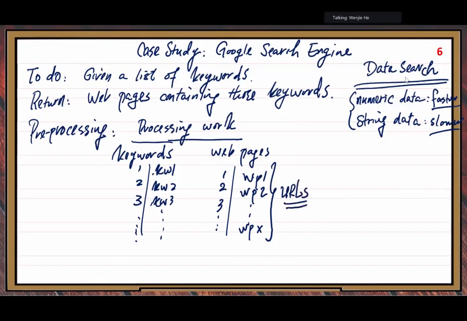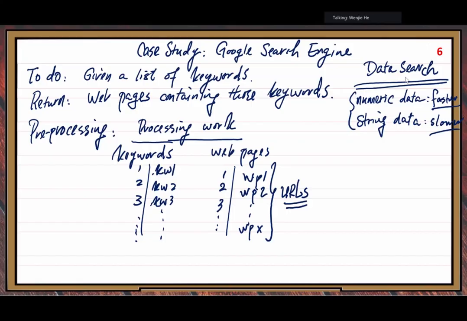Through those URLs, you can get the content of the page. You visit the server, you get the content of the page. Then you do stream-based search.